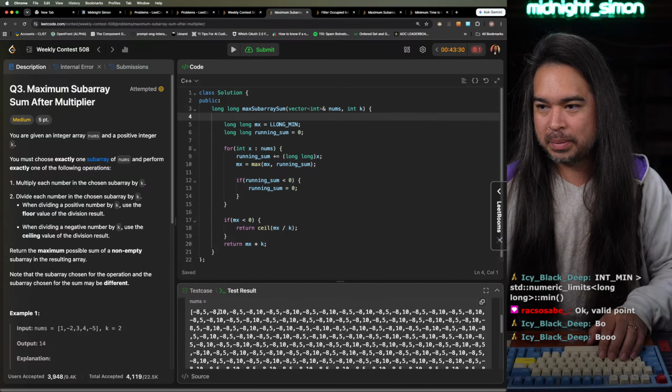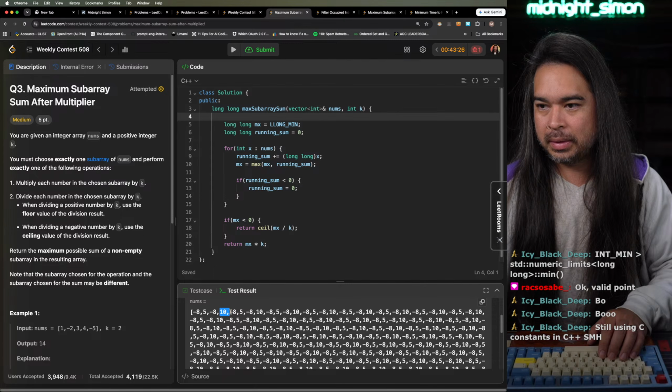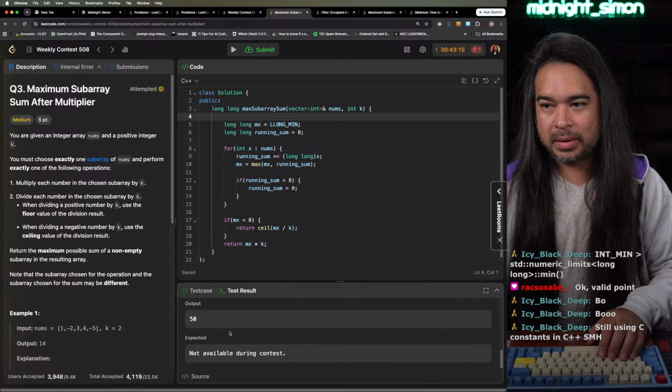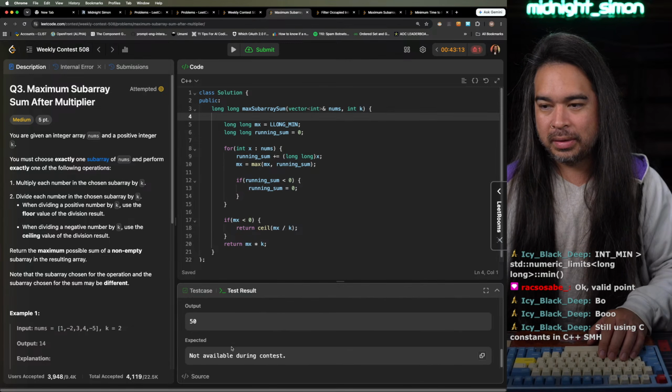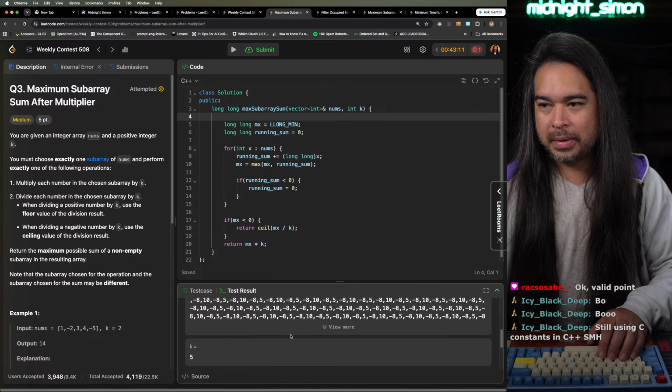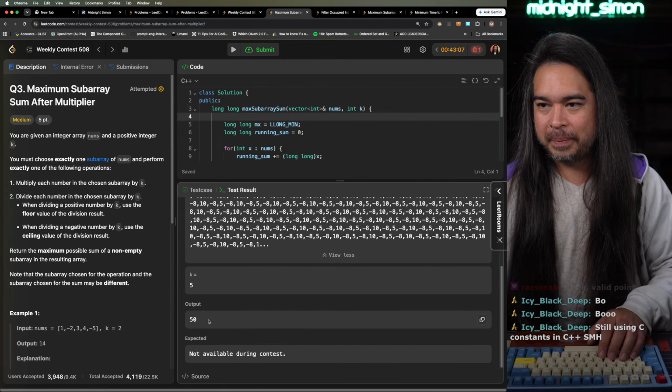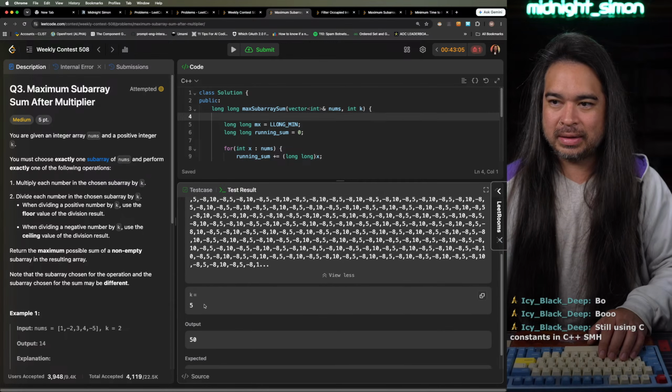So I suppose there is, wait, if, oh snap. If k is equal to 5, the answer is 117.